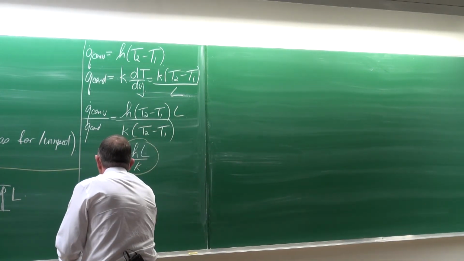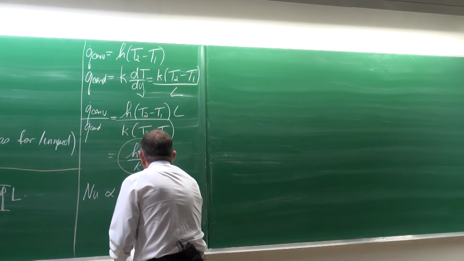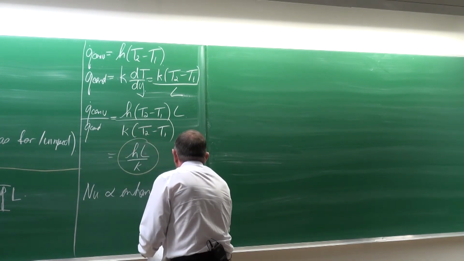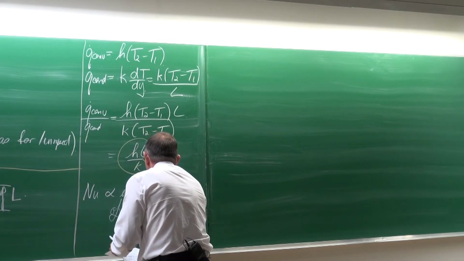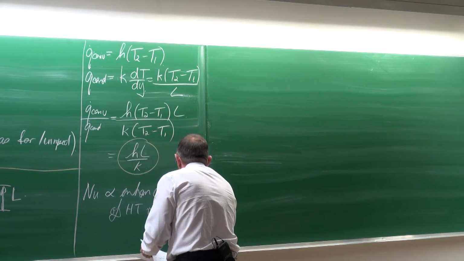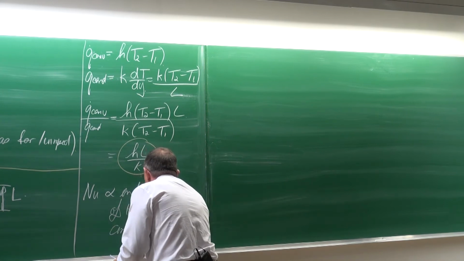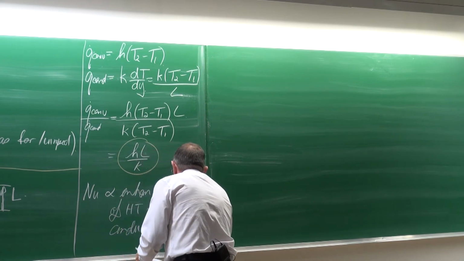So the Nusselt number is the enhancement of heat transfer relative to conduction heat transfer.